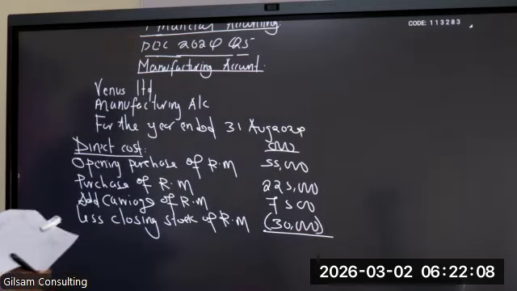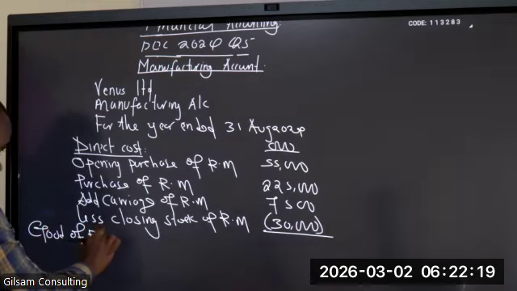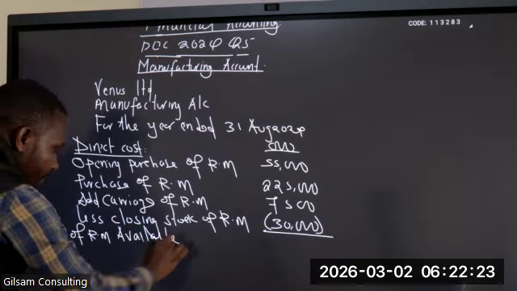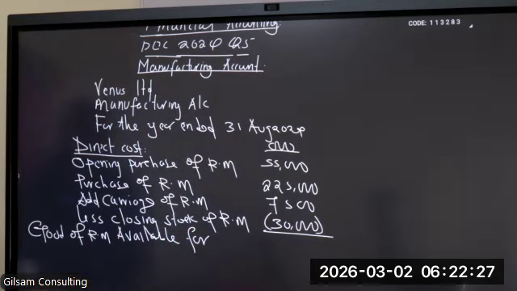So whatever we get is the cost of goods of raw material available for consumption.